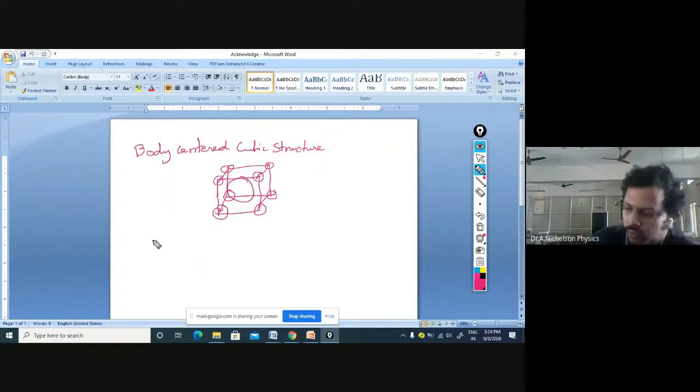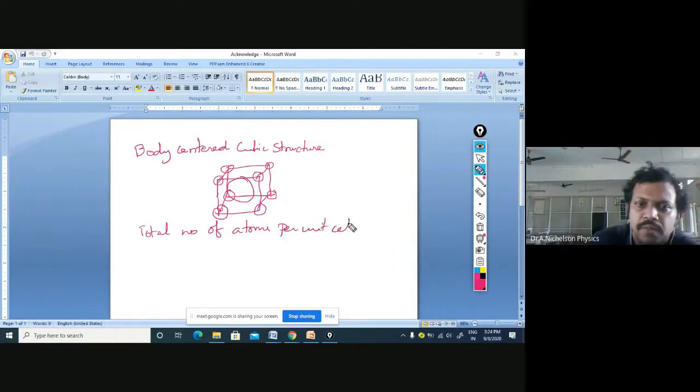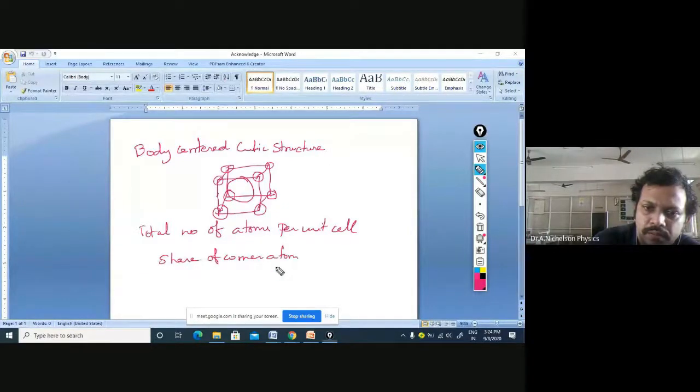Now, as before, what is the first characteristic? Total number of atoms per unit cell. First of all, you have to write down the share of atoms. The share of a corner atom to the unit cell: how much is it shared? 1 by 8.